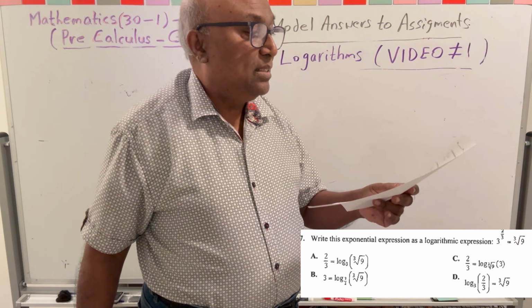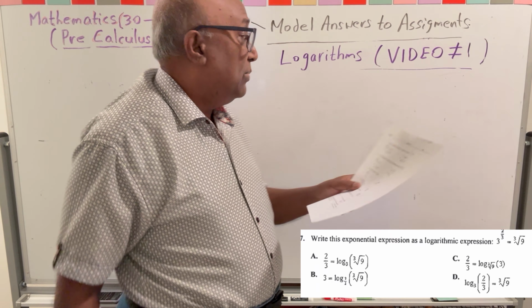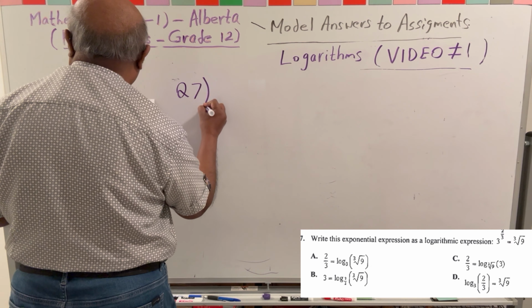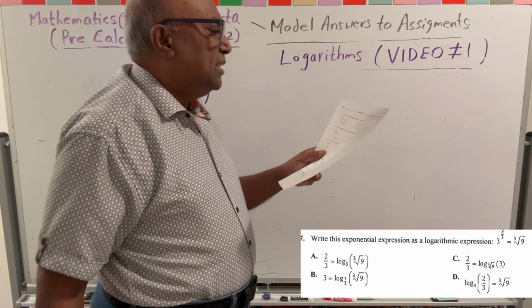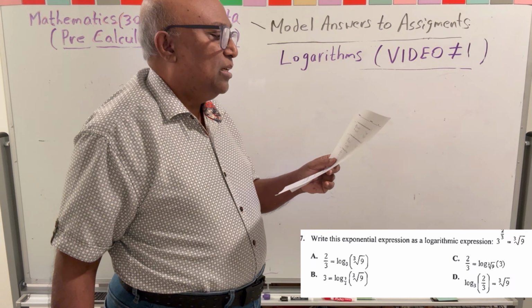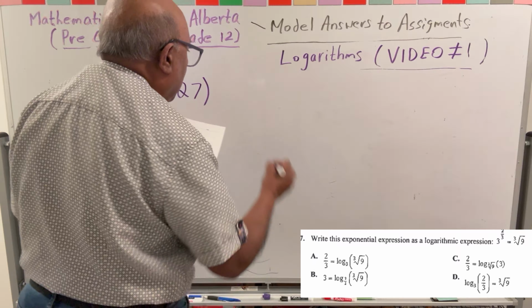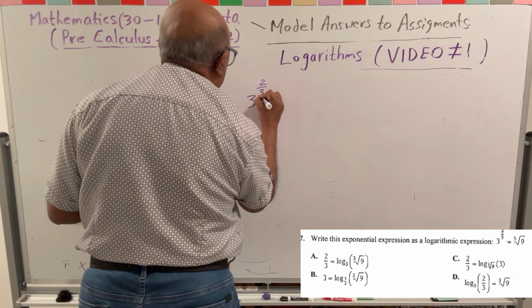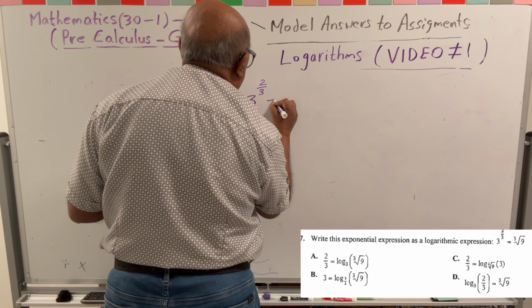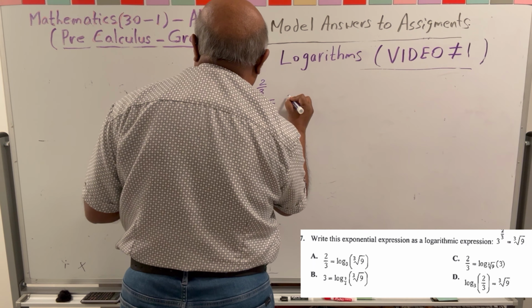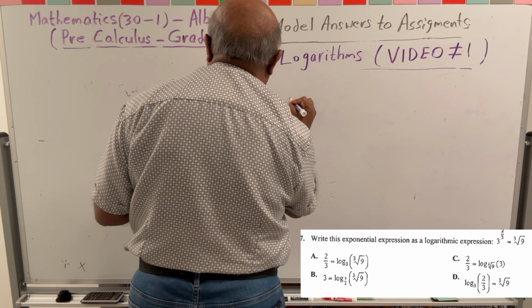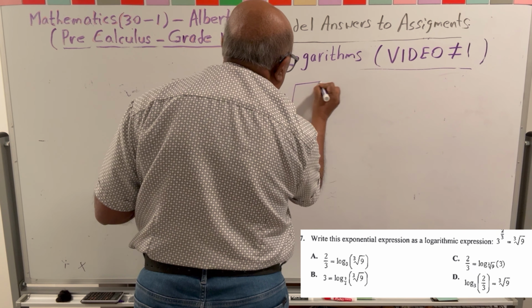Okay, let's try to finish the next question also. Question number 7. Write this exponential expression as a logarithmic expression. 3 to the power of 2 by 3 is equal to the cube root of 9.